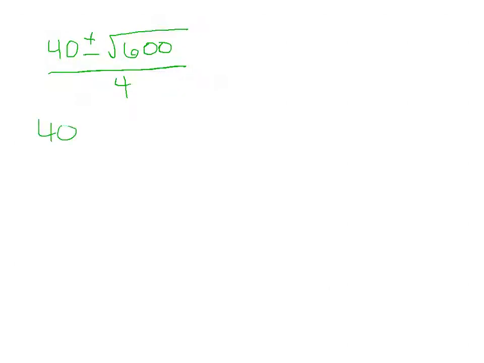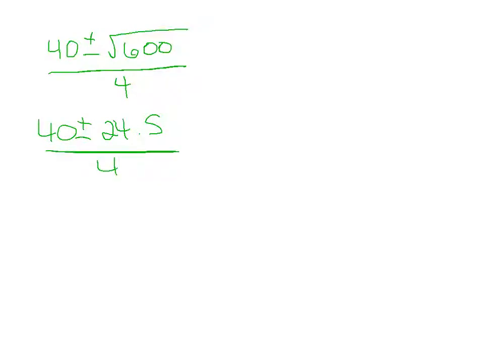If I simplify this even more, I'm left with 40 plus or minus the square root of 600 all over 4. Now using my calculator to find the square root of 600 and rounding to the nearest tenth, I get 40 plus or minus about 24.5 all over 4.